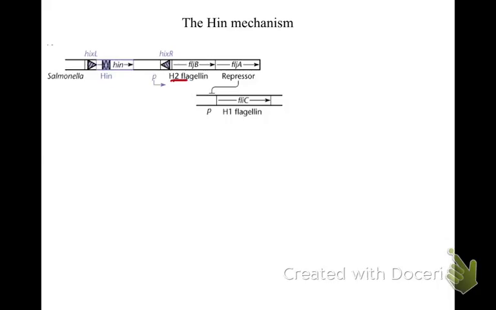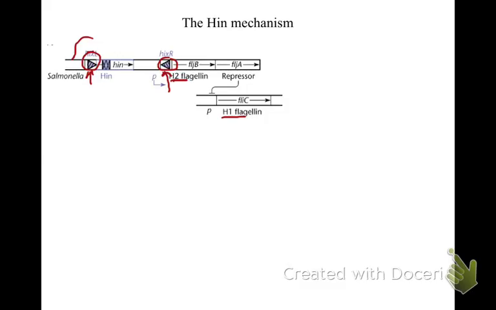FliC is actually called the H1 flagellin. But here's the business end of this, and we've got our two regions that are the binding sites for Hin. And again, notice that these are inverted repeats. We've seen this a lot before generically, and I gave you a question about this on a quiz recently.